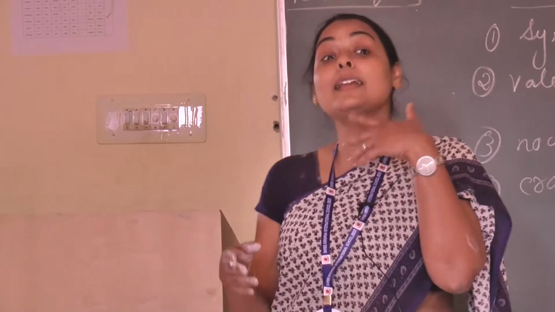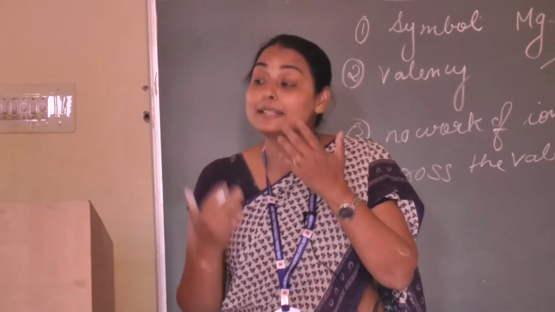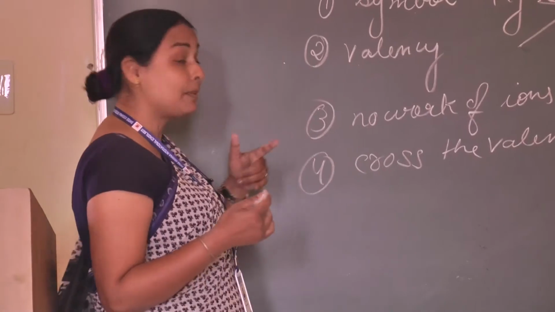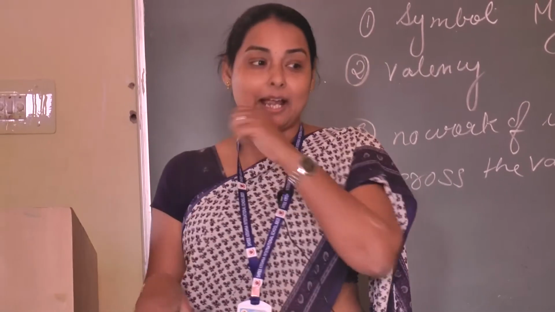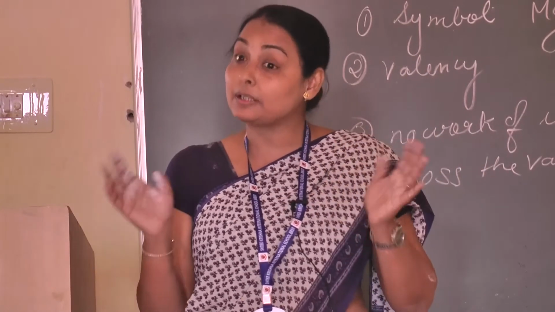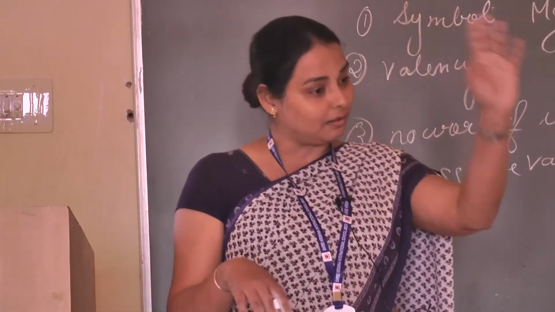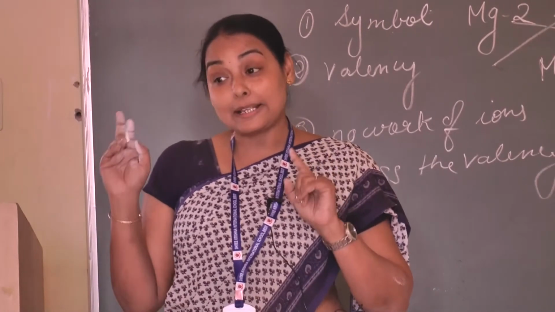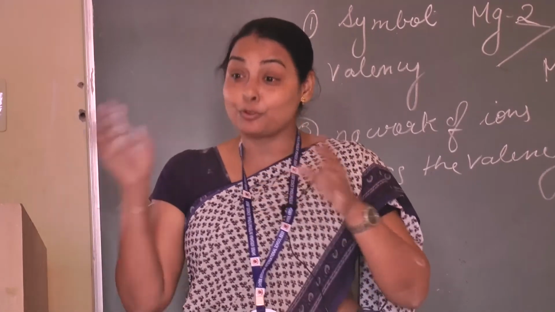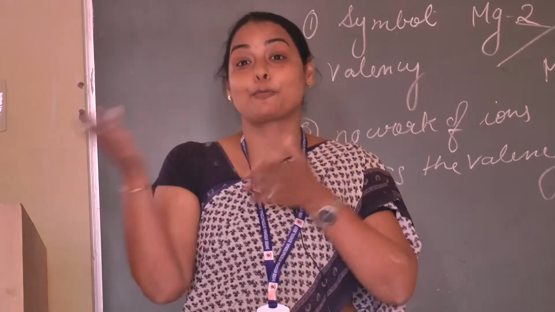Now, balancing the equation means what? Balancing is a process. Suppose I have given you 10 chocolates and I have given you 10 chocolates, right? Both have balance. But what will happen if I give you 5 chocolates here and here 4 are there? What do you have to do? Somehow, anyhow, I have to decrease 1, because we have to take 4.